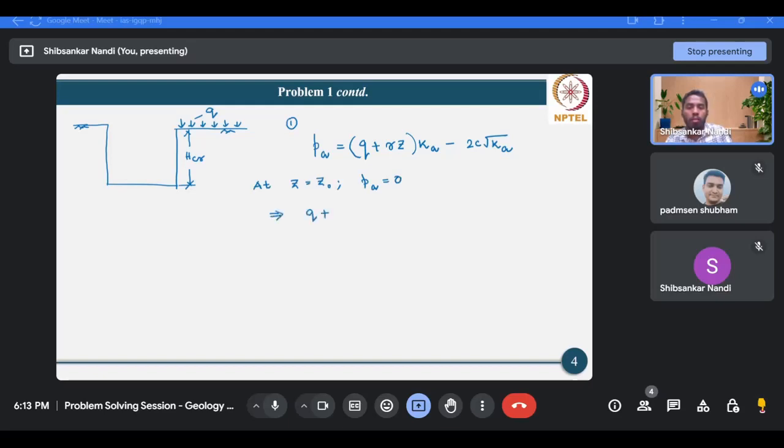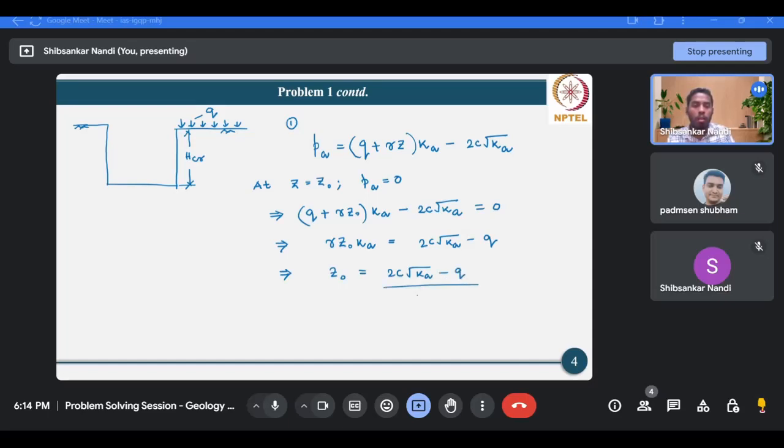Therefore, (Q plus gamma Z0) K minus 2C root K equals 0, or gamma Z0 K you can write in this fashion: 2C root K minus Q K. And therefore Z0 will be 2C root K minus Q, divided by gamma K. Okay, so this would be the modified expression for Z0.